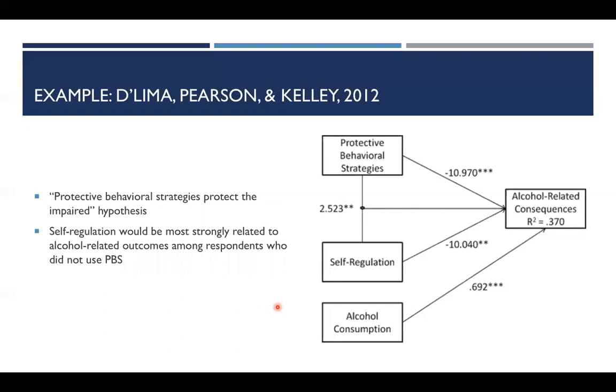It's actually that your self-regulation is making up for, compensating for the lack of protective behavioral strategies. So in this case, we're not expecting protective behavioral strategies to explain self-regulation, but instead they're working together to reduce those consequences.